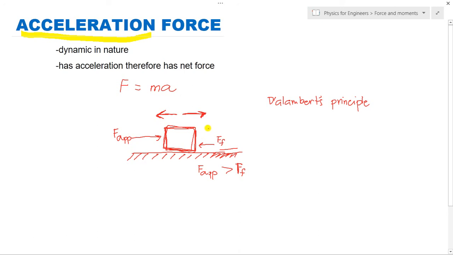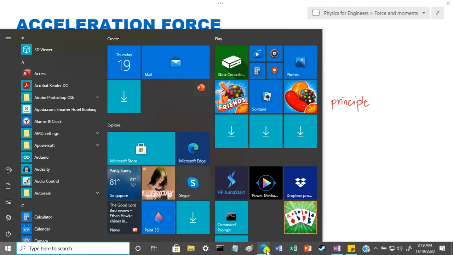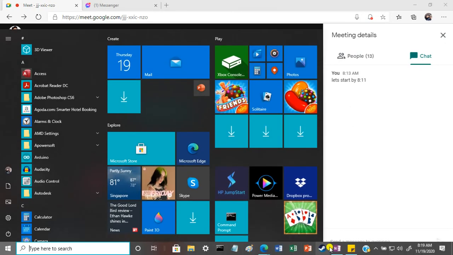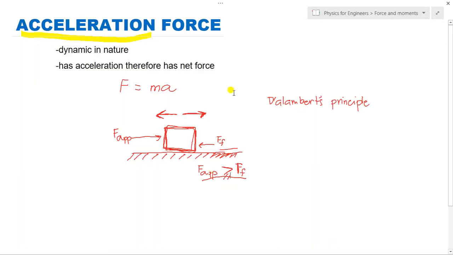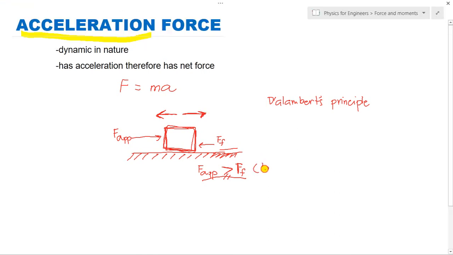Given this condition, where the applied force is greater, our direction of motion is towards the right. This direction of motion is towards the right, so this represents our motion.